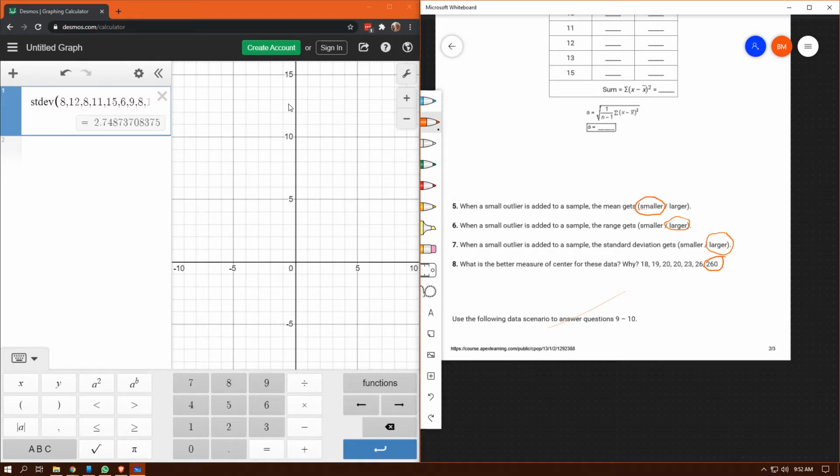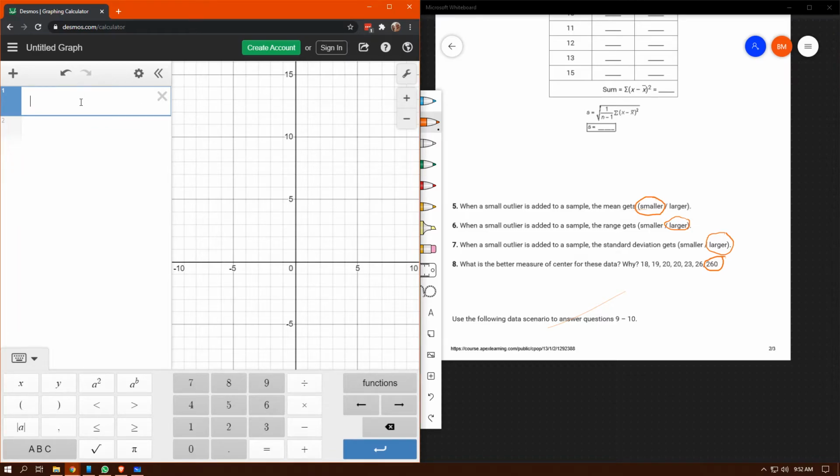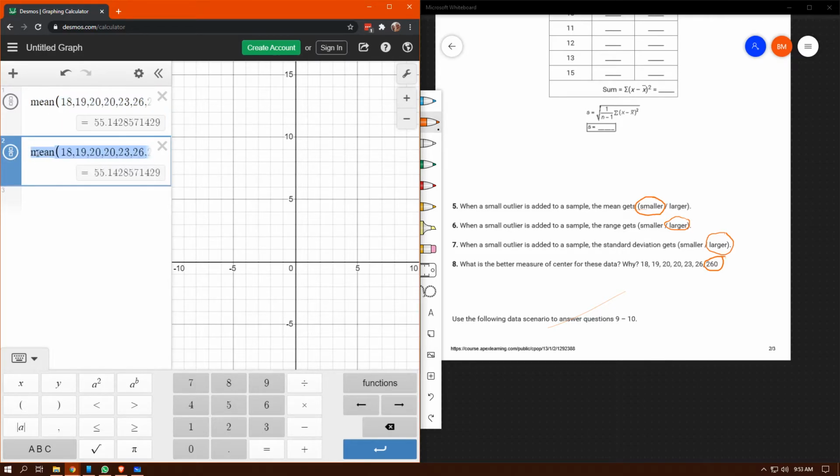Now, if we do the mean, and I type these values in, I get a mean of 55. Let's do median. I get a median of 20.